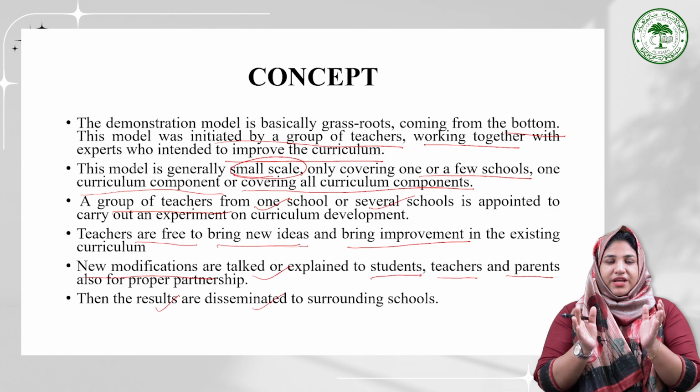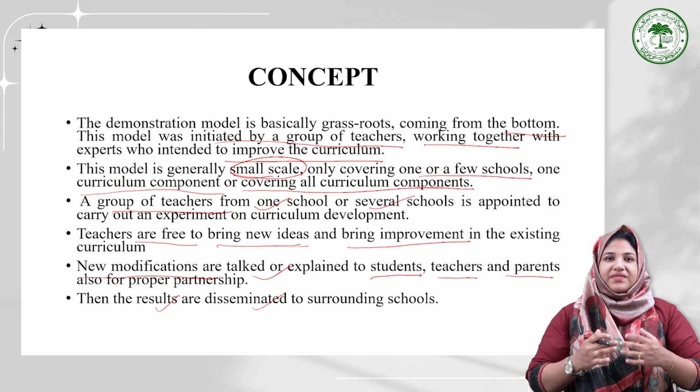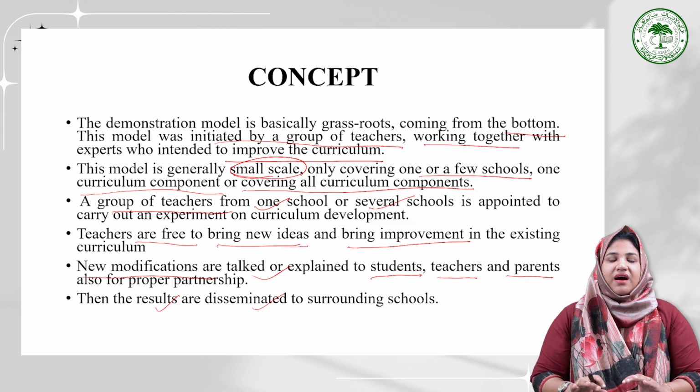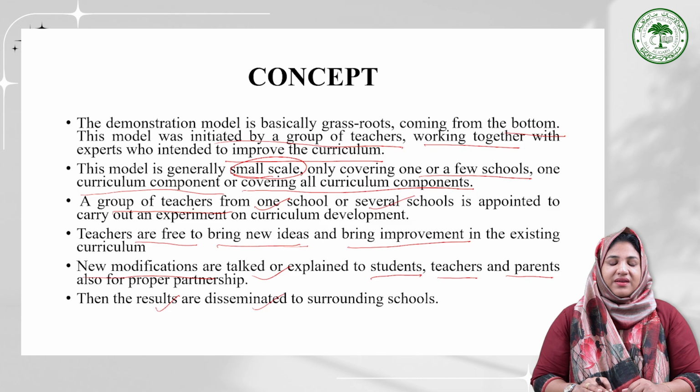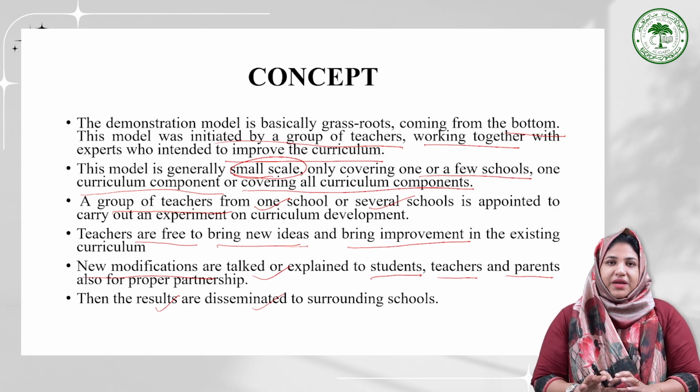If you are selecting only a group of schools, the result you have achieved with regard to improvement in the curriculum is shared with the other schools also, so that they could also improve their curriculum. So this is the general concept of the demonstration model of curriculum, and I hope it is clear to you.